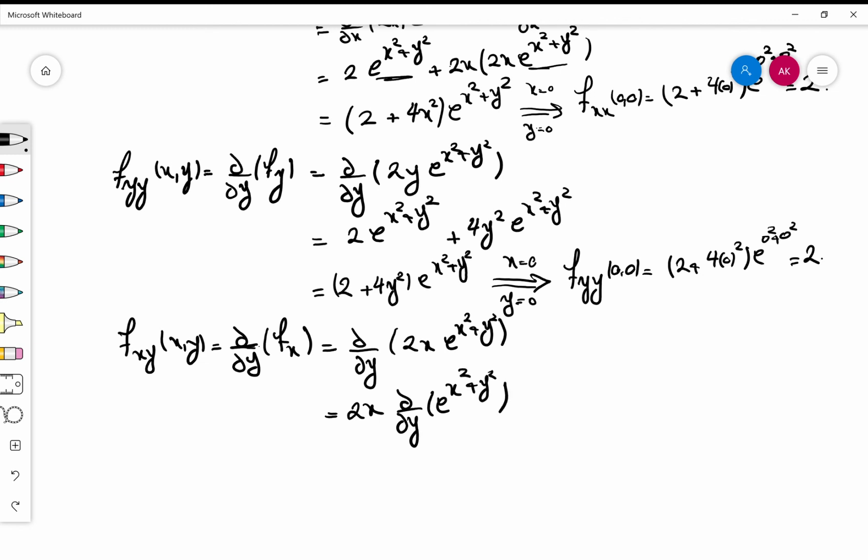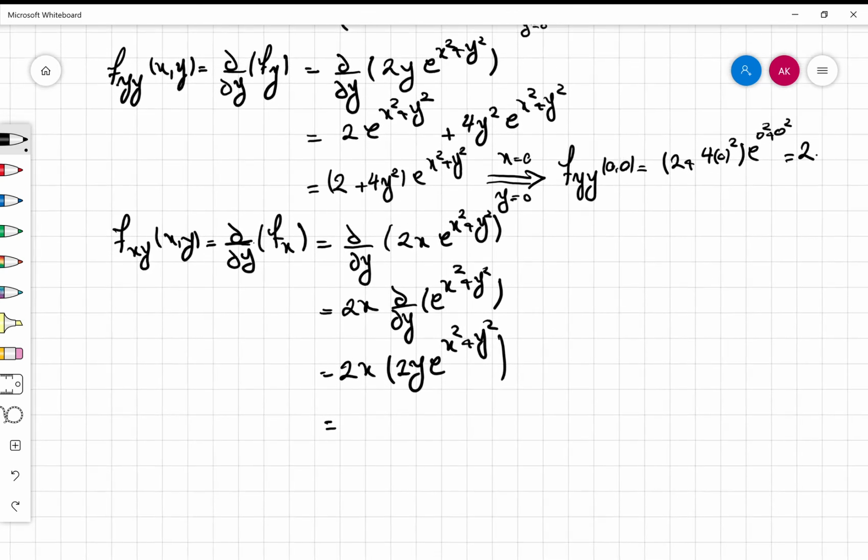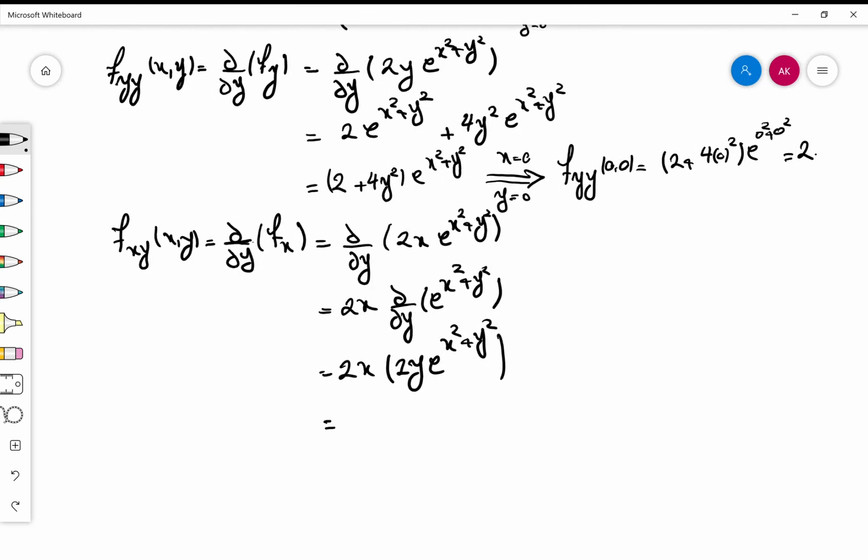And well, if you differentiate that, this is exactly the same as the fy, the first partial derivative of f with respect to y, which is 2y e to the power x squared plus y squared. In total, this gives me 4xy e to the power x squared plus y squared.